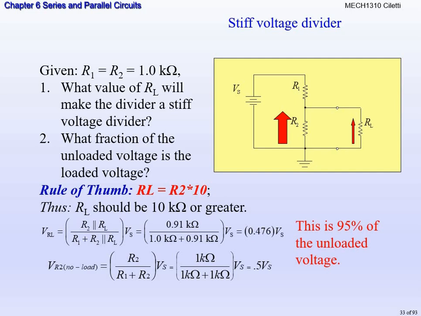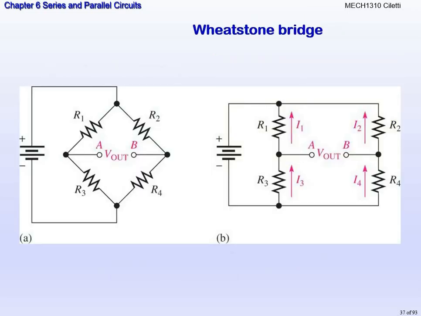It's pretty much 95% of the unloaded voltage using 10 kilo ohms. Now, if we want to get it exact, we need to up the kilo ohms on that RL so that there's an even smaller impact, maybe get to 98% instead of 95. But that's what a stiff voltage divider is.